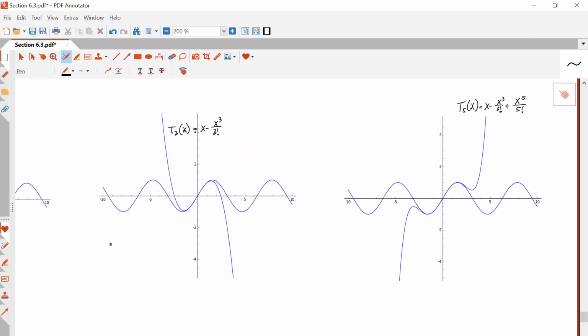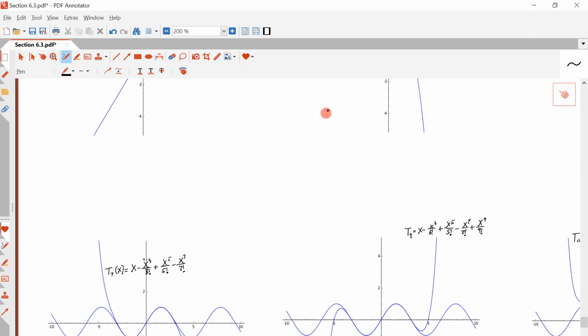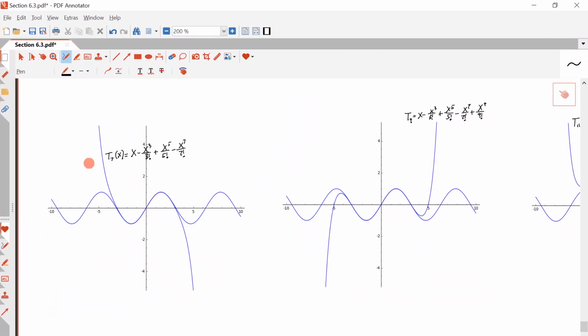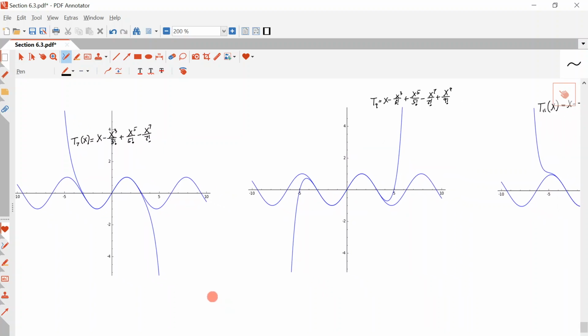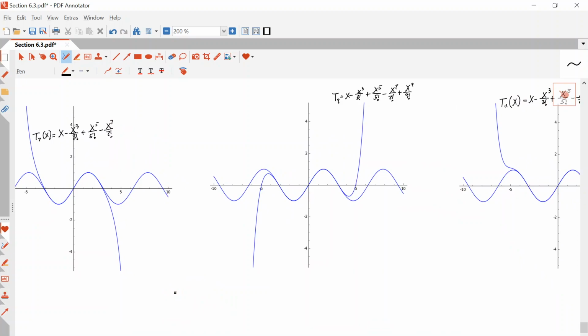T5: x minus x to the third over 3 factorial plus x to the fifth over 5 factorial. See? It's getting better and better as an approximation. The 7th degree Taylor polynomial, a little bit better. 9th degree Taylor polynomial.